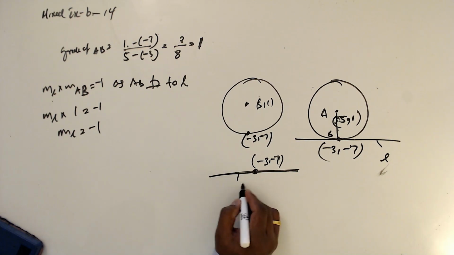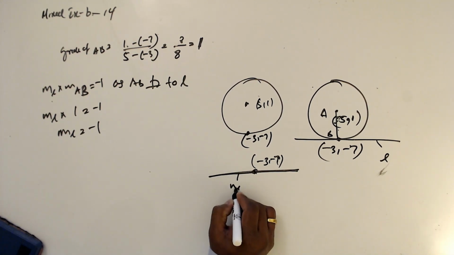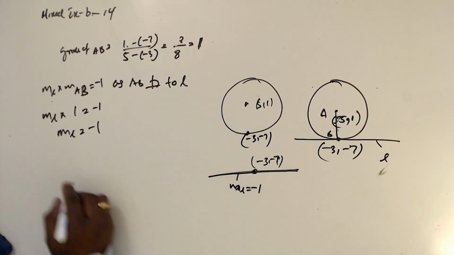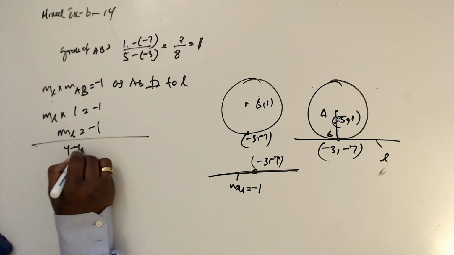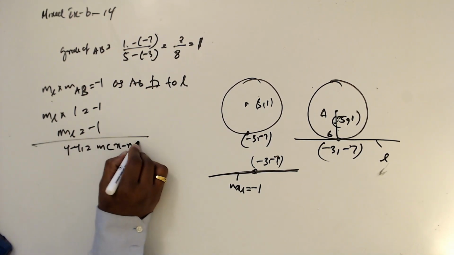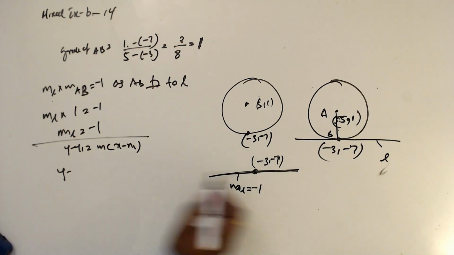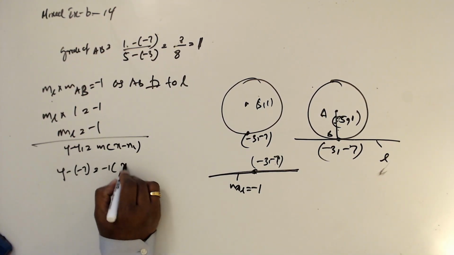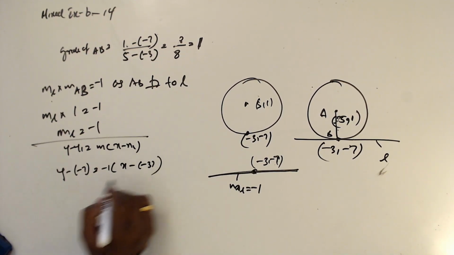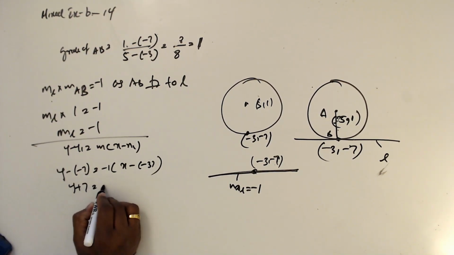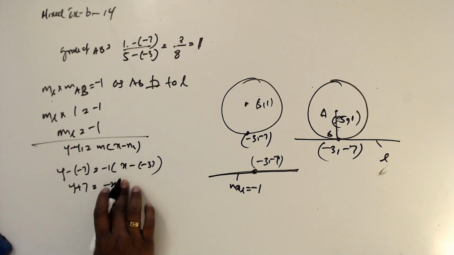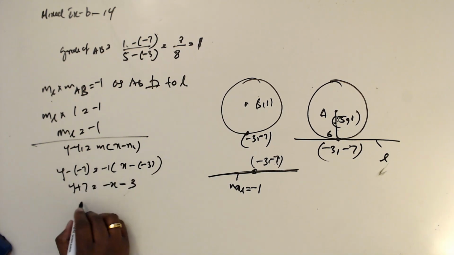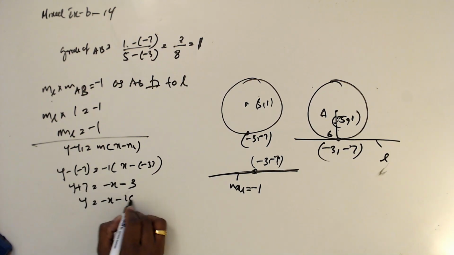Now I have the gradient, so I can write the equation: y minus y1, which is minus 7, equals m, which is minus 1, times x minus minus 3. So y plus 7 equals minus x minus 3, so y equals minus x minus 10.